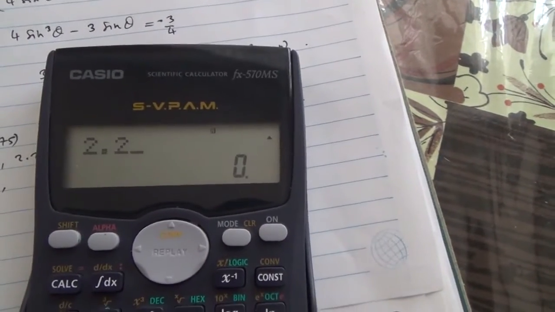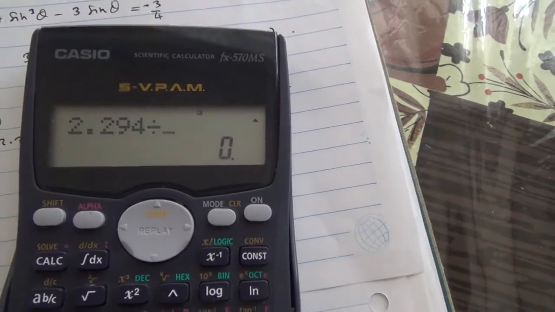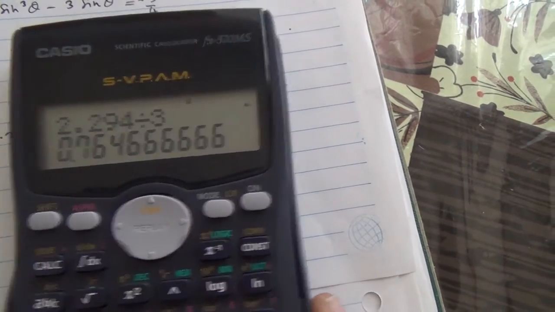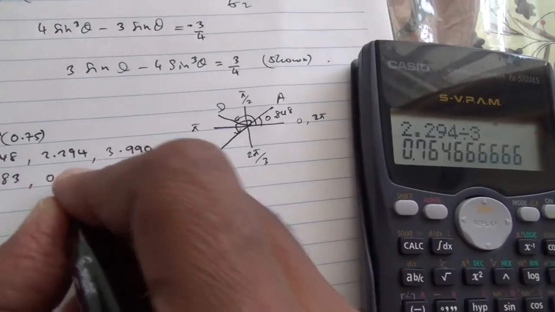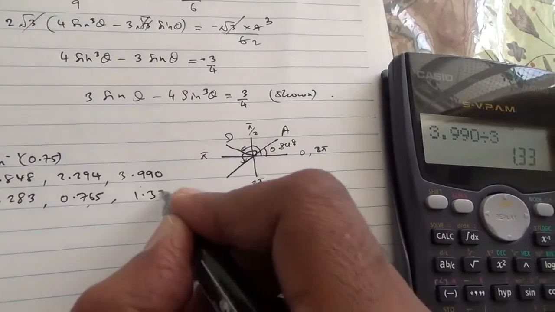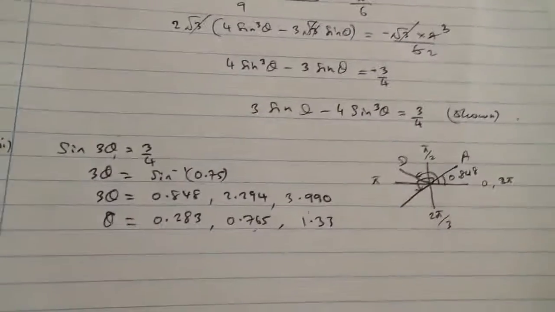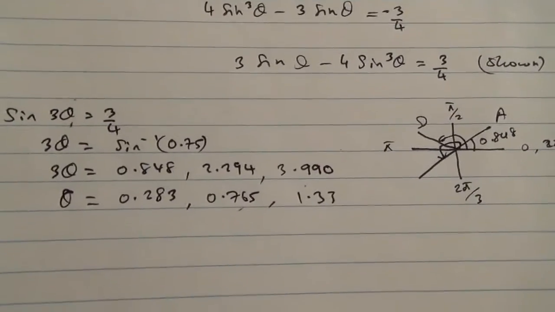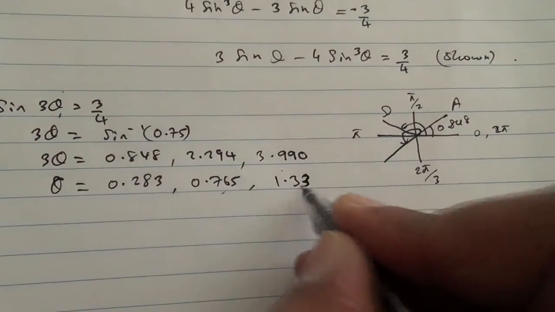For the second one I have 2.294 divided by 3, 0.765. For the third part it is 3.990 divided by 3, 1.33. Okay, so here we are. We have 3 values for theta.